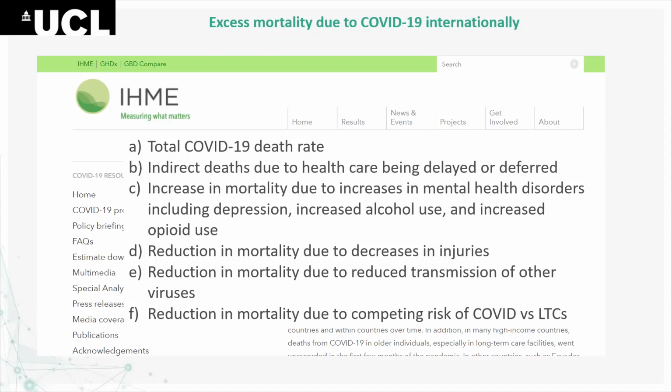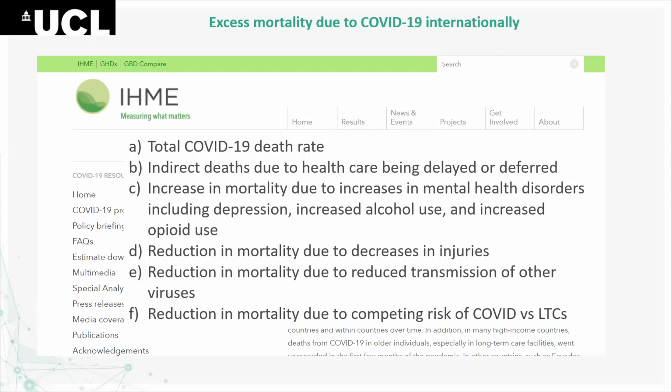The total COVID mortality death rate; indirect deaths due to healthcare being delayed or deferred; increases in mortality due to increases in mental health disorders, which are listed here as depression, alcohol use, and opioid use; a reduction in mortality due to injuries such as road traffic accidents because of social distancing and other restrictions; fifth, a reduction in mortality due to reduced transmission of other viruses such as influenza; and finally, the fact that people with long-term conditions such as cardiovascular disease aren't dying with cardiovascular disease because they died with coronavirus.